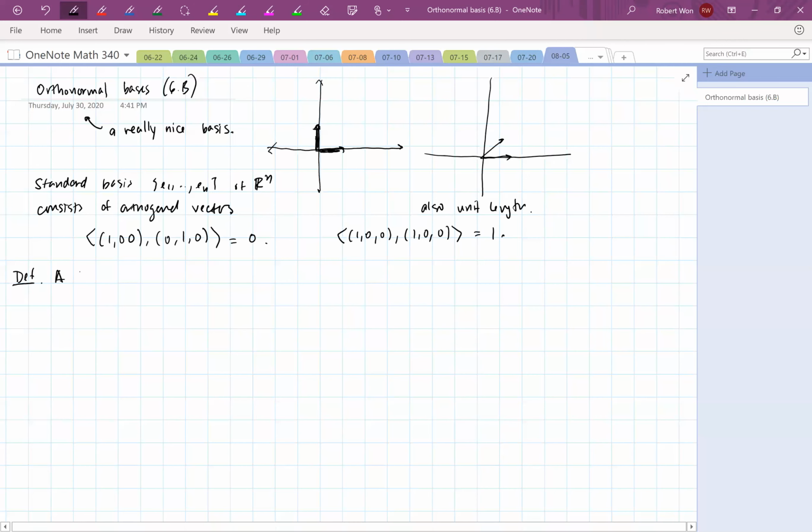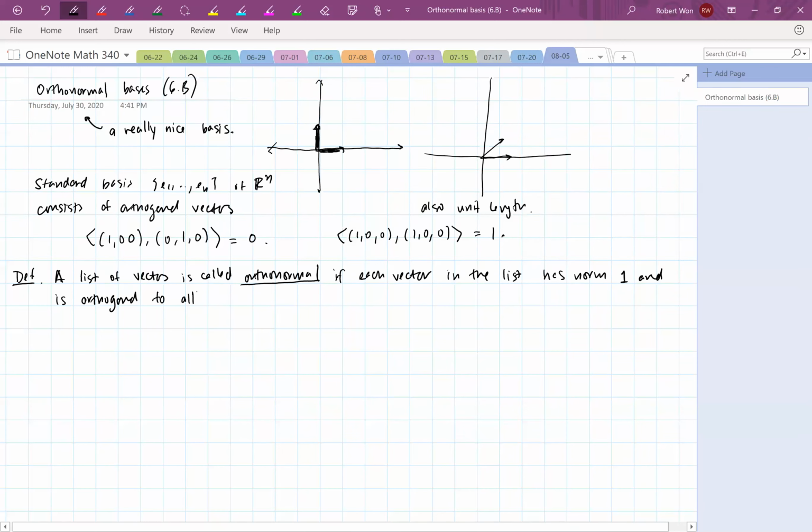So a list of vectors is called orthonormal if each vector in the list has norm 1 and is orthogonal to all the other vectors in the list. And so the ortho refers to the orthogonal part. The normal refers to the fact that they have unit length.